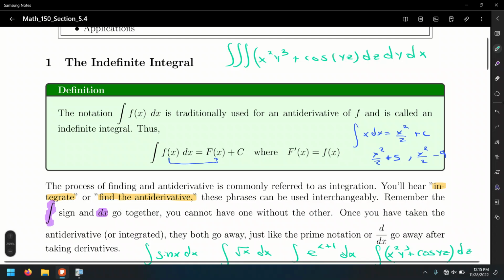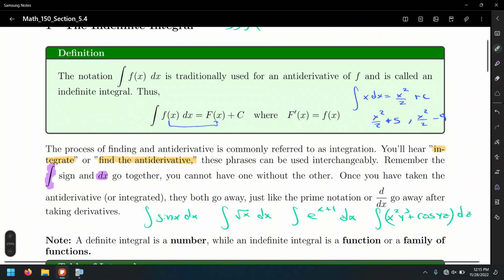In that case, you specify what it is. We do the same thing with integrals: you should be very specific with respect to what we are integrating, all right? We cannot have one without the other. These two go together, all right?